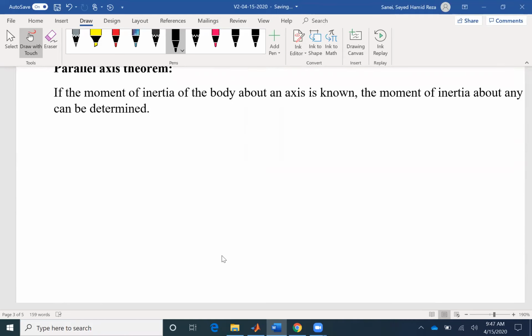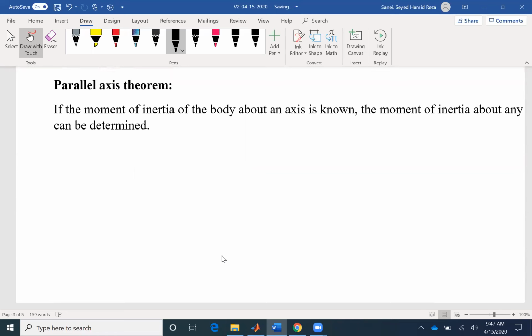Now we are going to talk about the parallel axis theorem. The parallel axis theorem says that if the moment of inertia of a body about an axis is known, we can find the moment of inertia about any other axis.